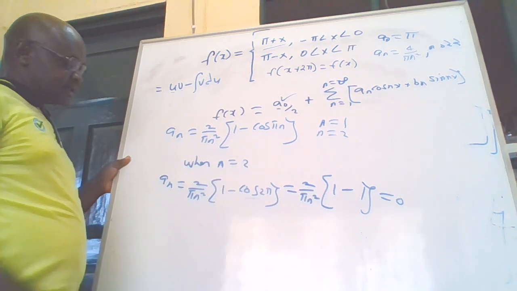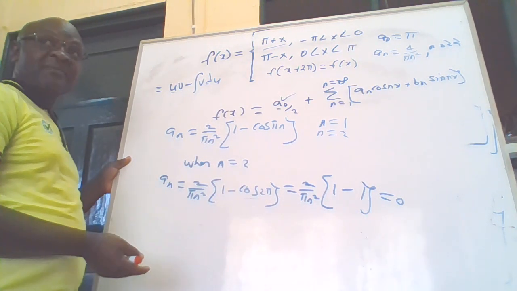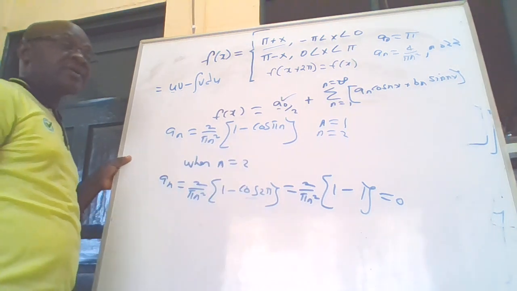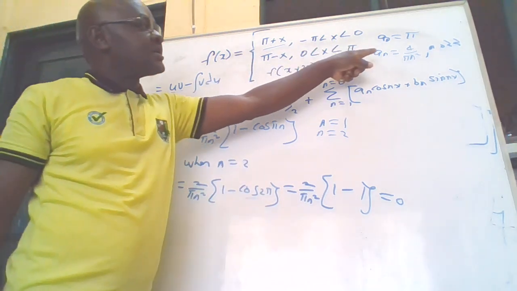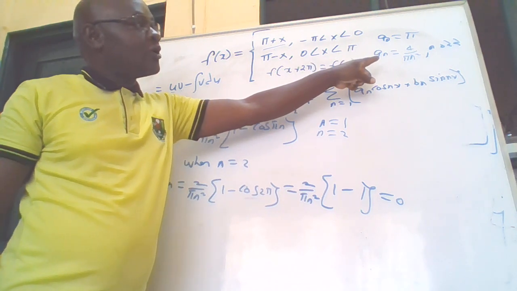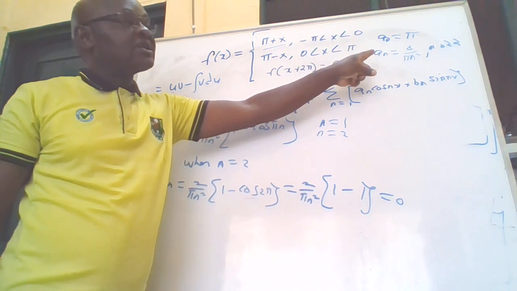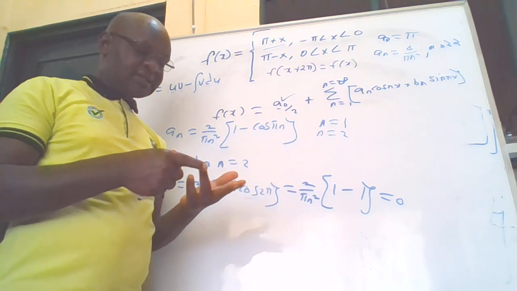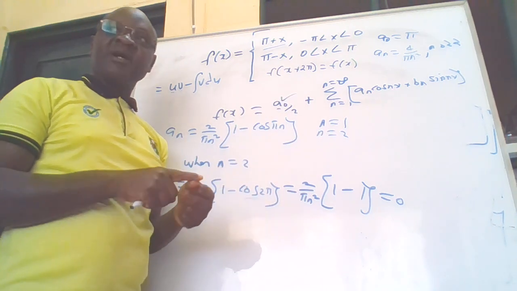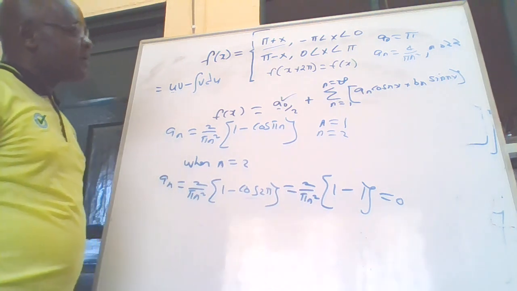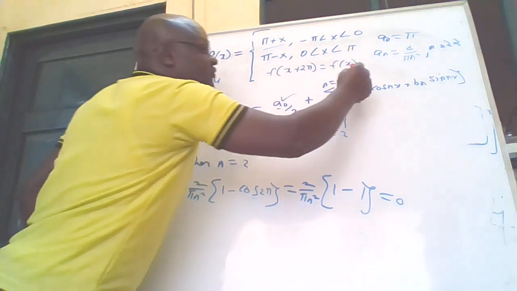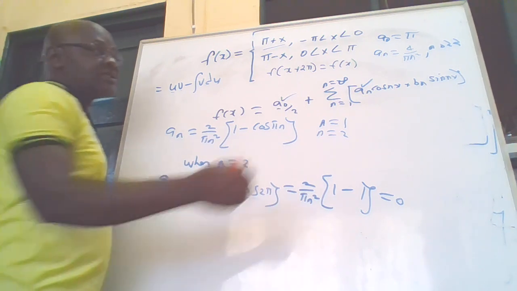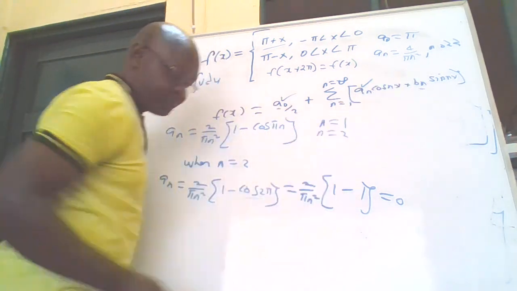So we are saying that at even numbers, there's no series. An equals to 0. Therefore, we are saying that an equals to 4 over pi n squared when n is odd. That is, we shall be dealing with 1, 3, 5, 7, 9, like that. So we have an. So we now remain with getting the value of bn.